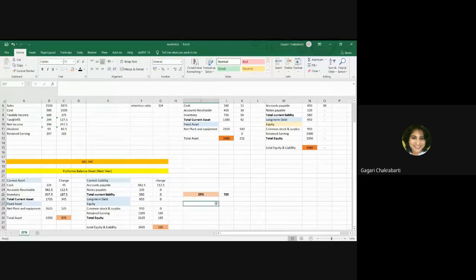Okay, so from here we have calculated that the firm will be requiring some external financing. We can explain the situation in terms of a diagram also, so let me go back to my PPT once again.